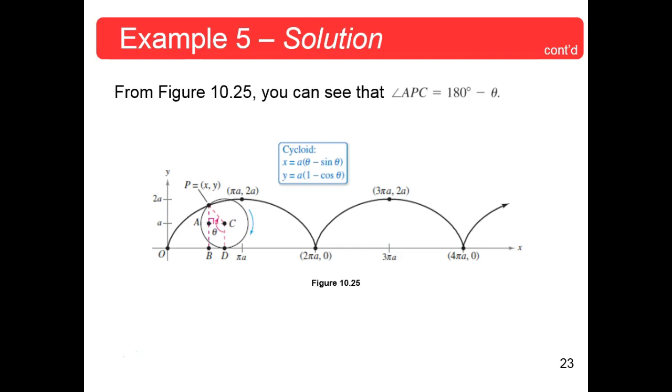In the first quadrant, this starts at 1, so you're starting at 0 here, and you're increasing till you get up here to theta equal pi. And what cosine has done was decrease that whole time, and then it starts increasing again, and that's where you start the other loop here. Okay, so that is a cycloid.